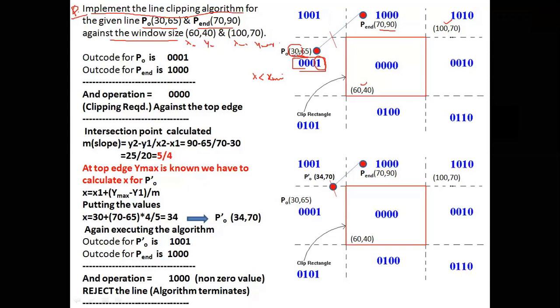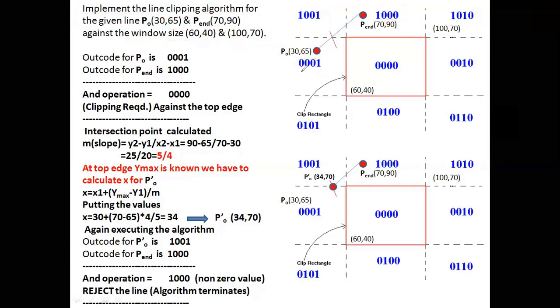So P naught will be outcoded with this code. Likewise, for P end, you can see it is lying between X min and X max, but it is above Y max, so this bit is on, in the order A, B, R, L. In this manner, these endpoints are outcoded.